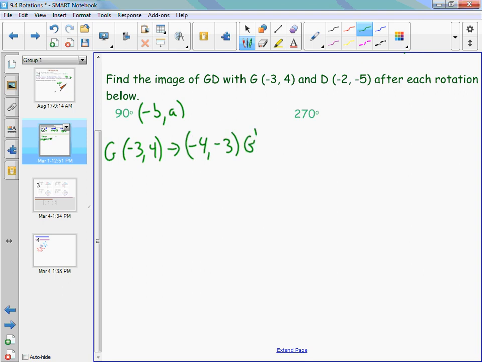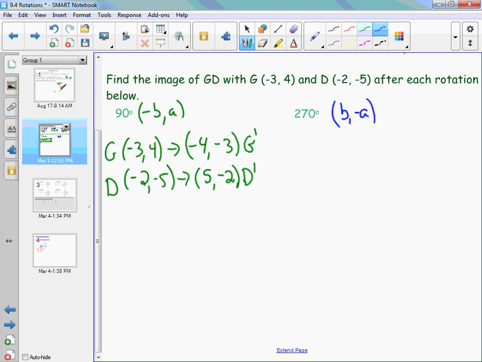And we will do the same thing with the coordinate of D. So D is the point (negative 2, negative 5). And this becomes the point (5, negative 2), and again, that is D prime. Repeat this for a rotation of 270 degrees.